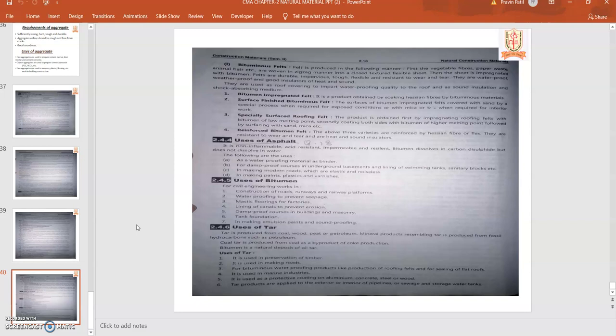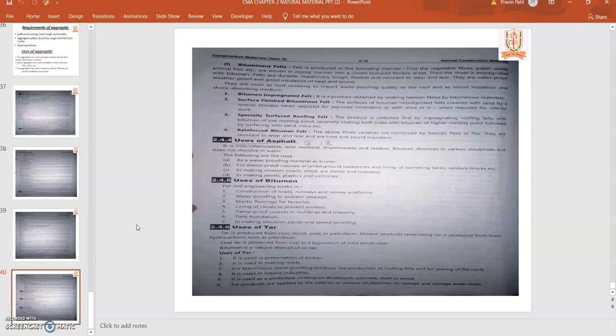The uses of asphalt: first, as a waterproofing material and used as a binder or damp proofing course in underground basements. In making modern roads which are elastic and noiseless. In making paints, plastic, and varnishes.